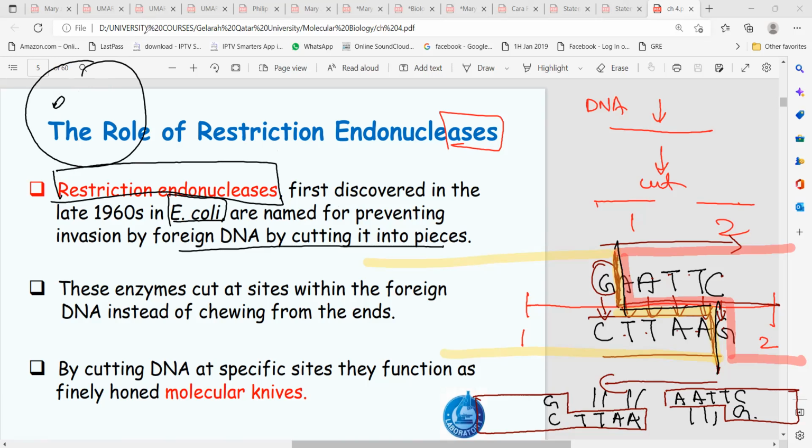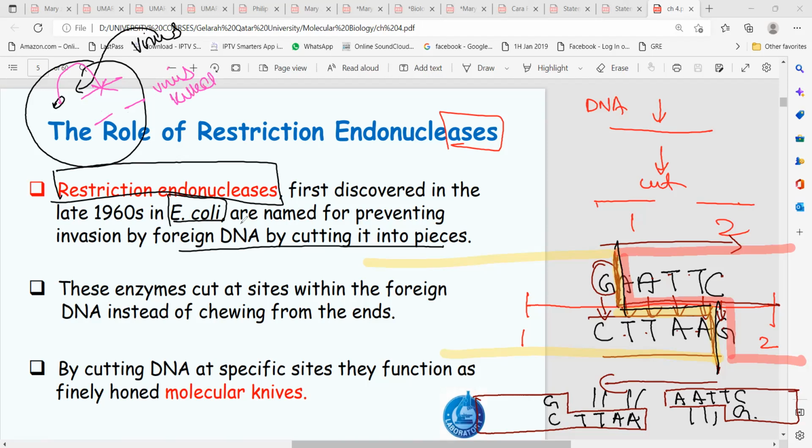What is its function? Let's say this is a foreign particle, a virus. It enters the bacteria. When it enters, this enzyme will go and cut the DNA of the virus. When it cuts the DNA of the virus, we call it degradation. It means the virus is dead now, killed.